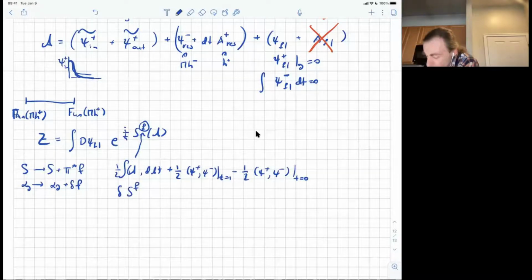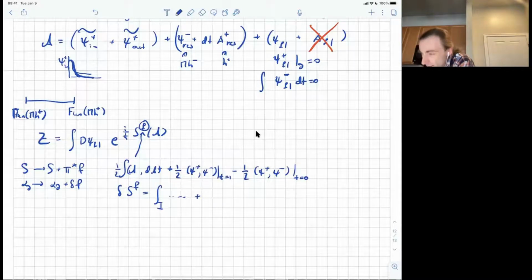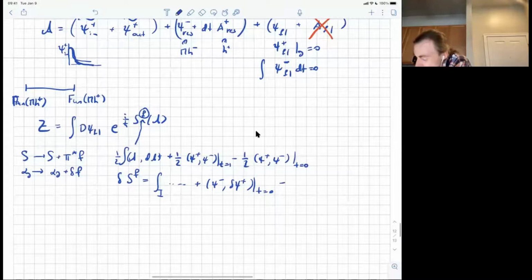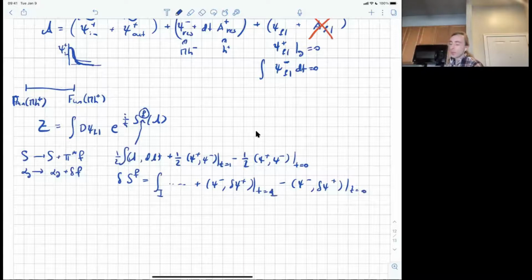The variation of the action with these boundary terms will be a bulk term, which is the contraction of Q with omega, plus psi minus delta psi plus at the out boundary, which is compatible with the polarization given by fixing psi plus, and psi minus delta psi plus at the in boundary. One is at the out, the other is at the in. So they are both now compatible with the polarizations that we like, given by fixing psi plus. So I just wanted to comment on those boundary terms.